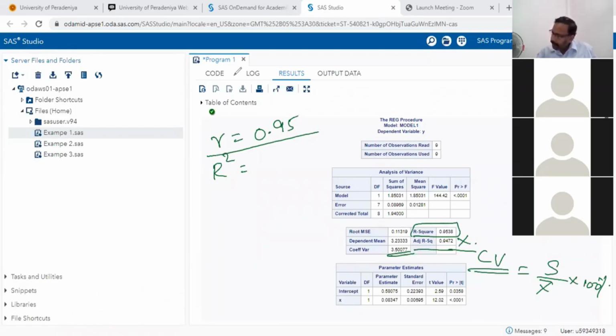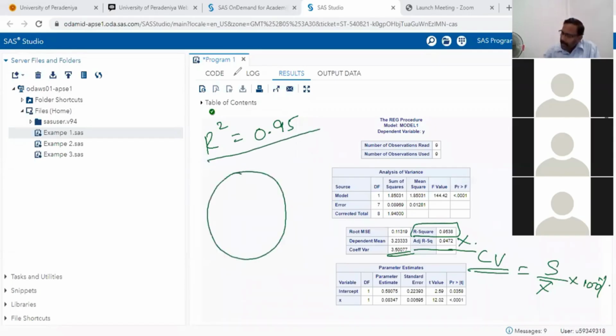This is R square, not R. R will have to get it in a different way. I will show it. So can you remember what R square says?